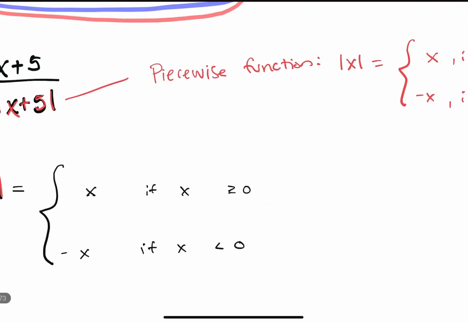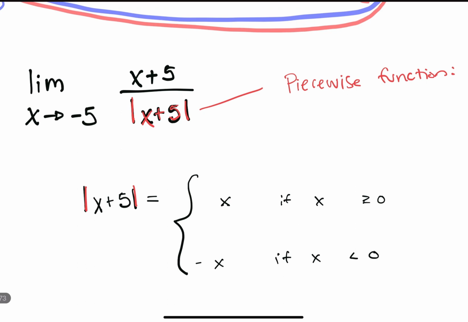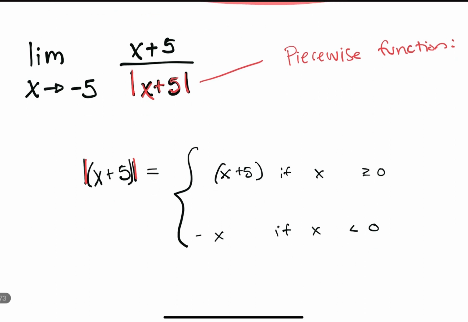So we have x + 5, because that's what's inside, if x + 5 is greater than or equal to 0. And that means we're going to have negative (x + 5) if x + 5 is less than 0.